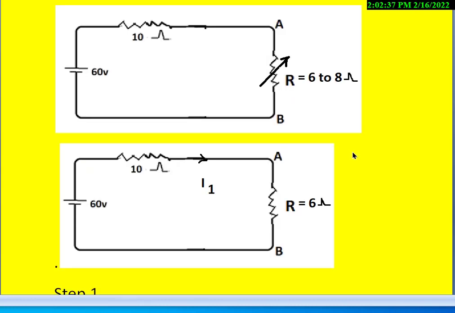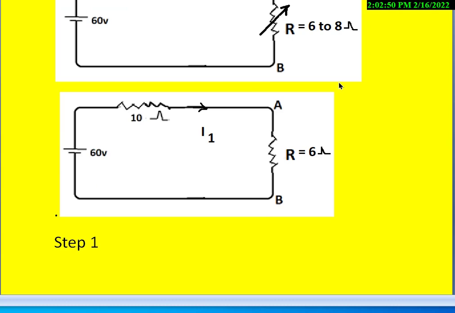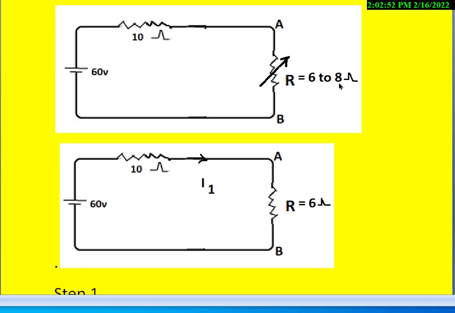Then third step, find the current difference between these two circuits, that is when 6 ohms is present in the circuit and when 8 ohms is there. After that we calculate the compensation voltage. So let us do it first.